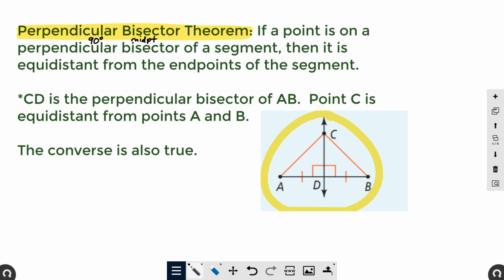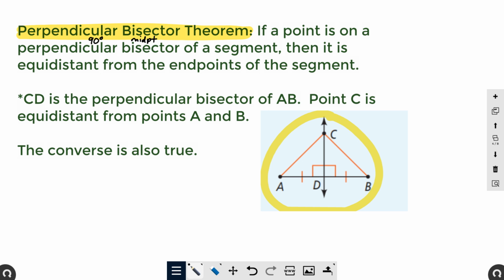So the perpendicular bisector theorem says if a point is on a perpendicular bisector, then it is equidistant. That's a new word, and no, I did not make it up. It's a real word. It's equidistant, or the same distance away from the endpoints of the segment.